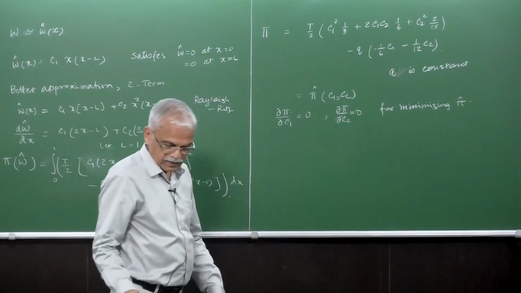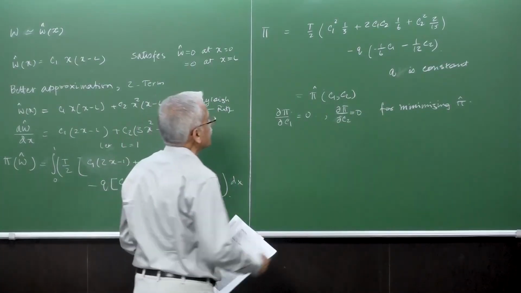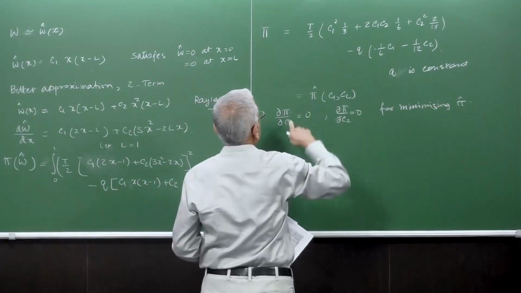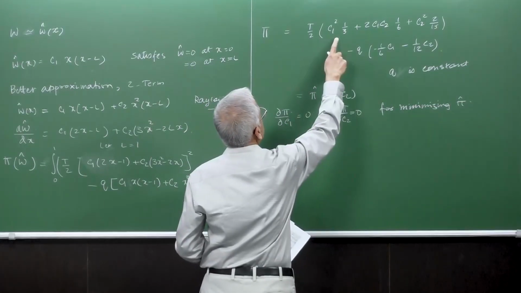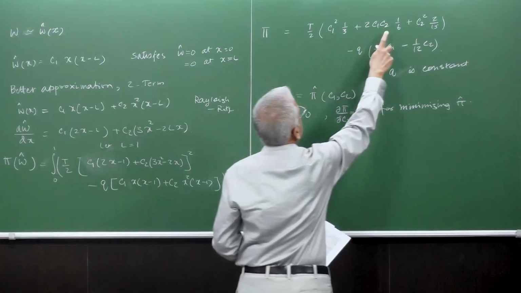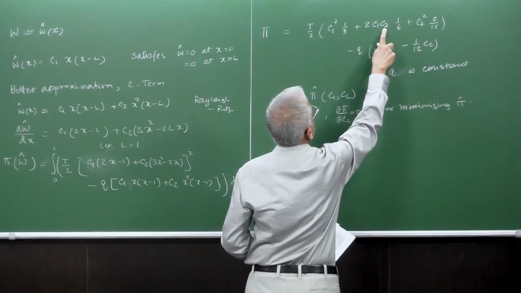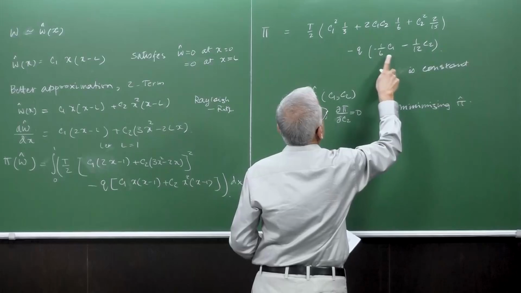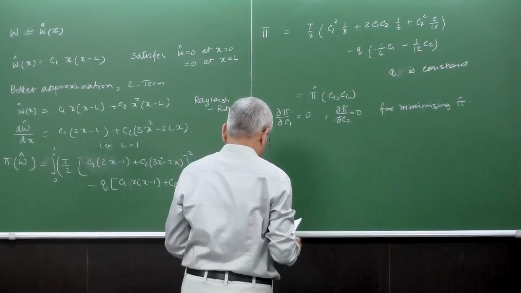Okay. So what essentially we have here, if you do that, you do the differentiation with respect to C1 first. So that means that this is C1 squared, so that's 2 by 3 here. And with C1, if you do that, it's 2C2 times 1 by 6. And this is minus 1 by 6 C1.